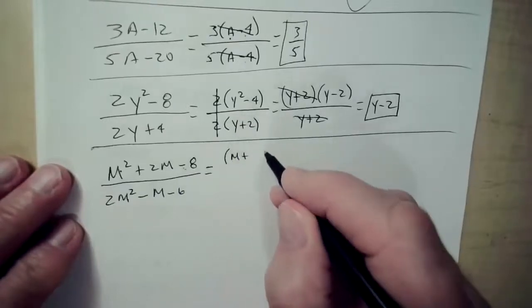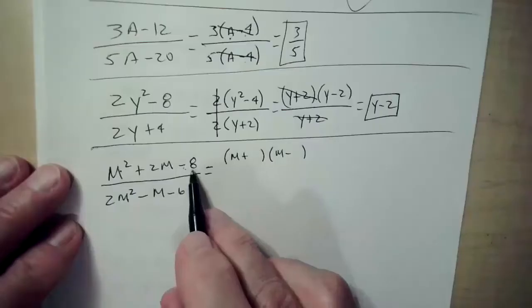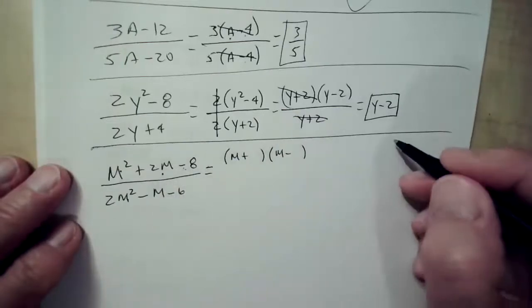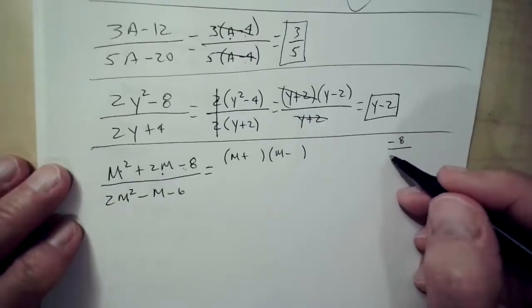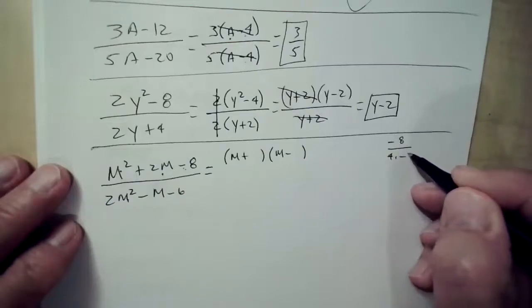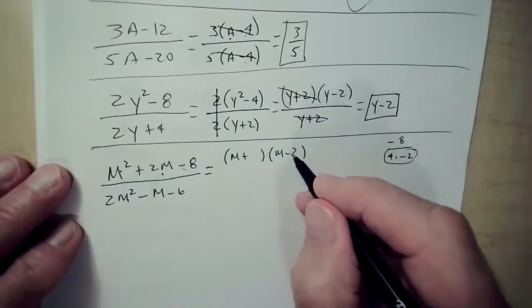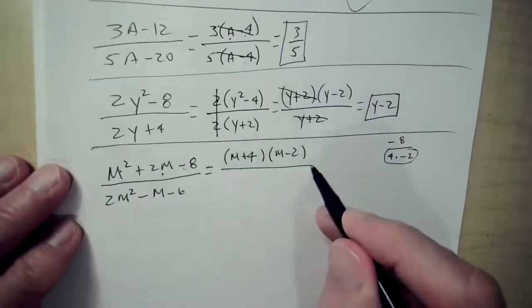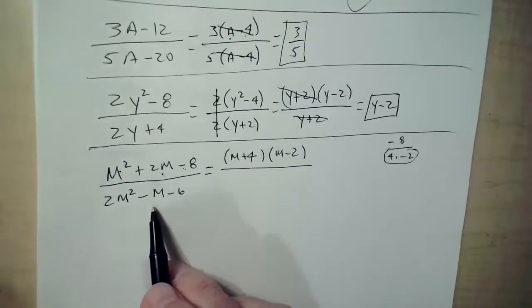Remember when we have a negative here as the constant, we're going to get m plus some number times m minus some number. Now what are the factors of negative 8 that combine together to give us a positive 2? Let's see. 1 and 8 is not going to do it. 2 and 4. Positive 4 times negative 2. That's it there, isn't it? Negative 2, positive 4. Is that right? I think so.